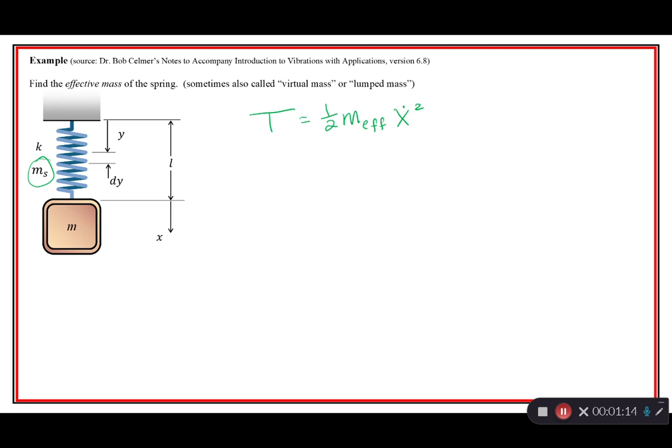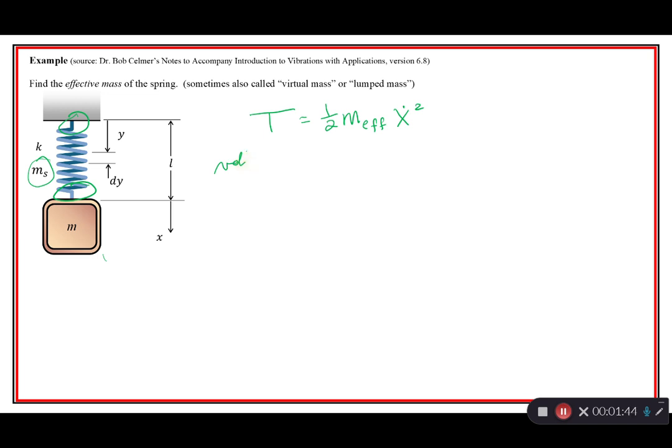So it is really each little individual coil, or we can have a designation dy of this thing. This coil up here, its velocity is going to be 0. This coil down closest to here is going to have the same velocity as the mass, and it's going to change linearly as you go past that.